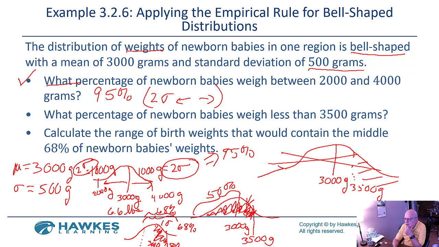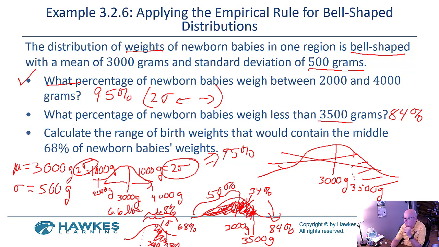This part right here that I've colored in is half of that. So this part right here is 34%. And this part is 34%. We've got half of it to the left. So together, we've got 84% of the babies are less than 3,500 grams.